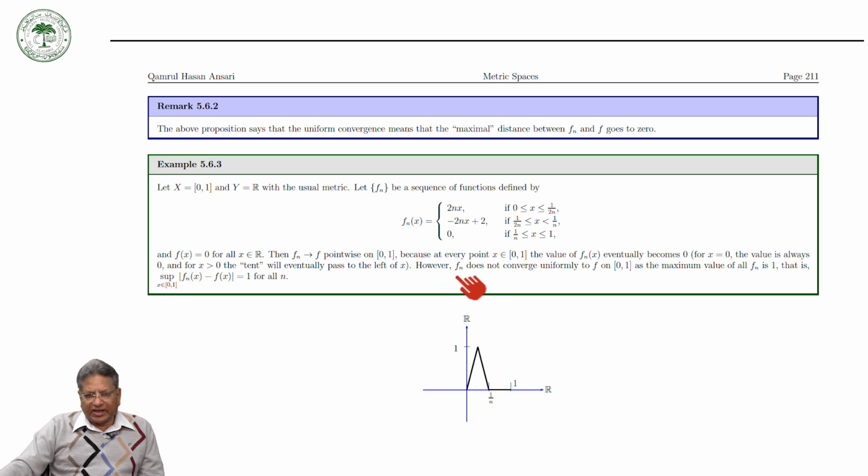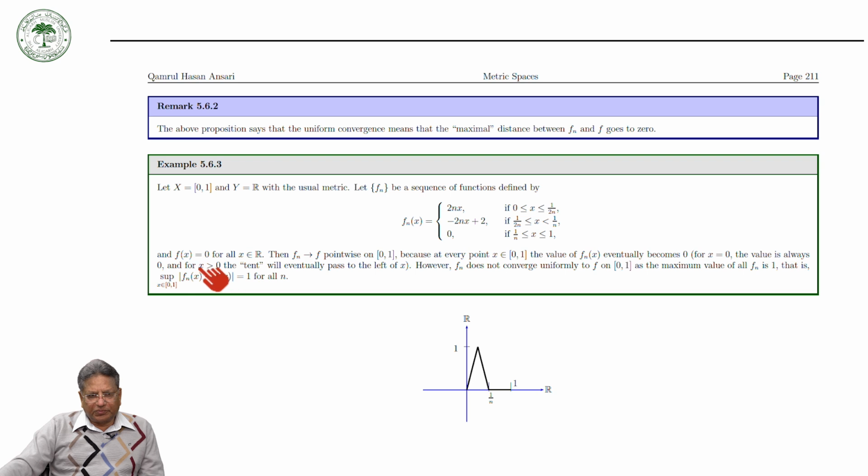So hence Fn does not converge uniformly to F, where F(x) is equal to 0. See, it is going up, then coming down, and then it is the same. So it converges only here, but not on this portion. The maximum value of Fn is 1.